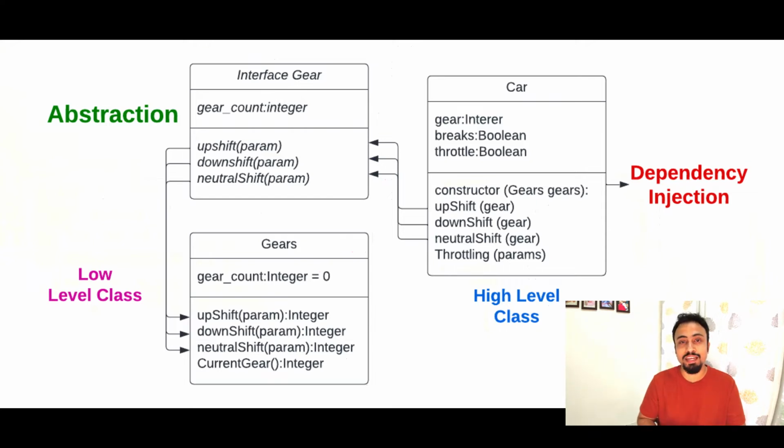Why can't we use the old way of creating objects of a class, instantiating an object, and then using its function? This is the actual reason why we implement dependency injection: we want to remove the dependency of creating an object and then using the functions of the base class.